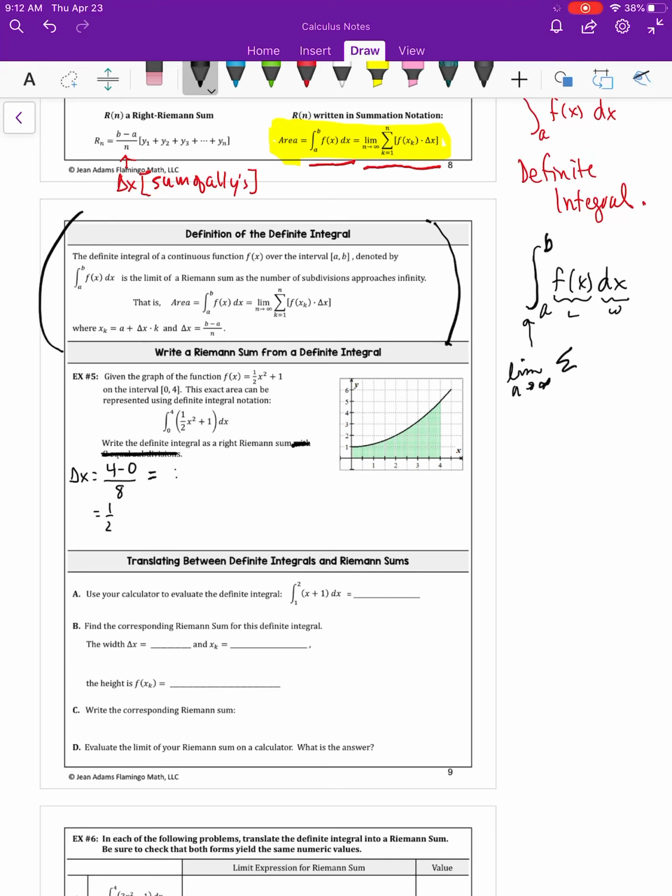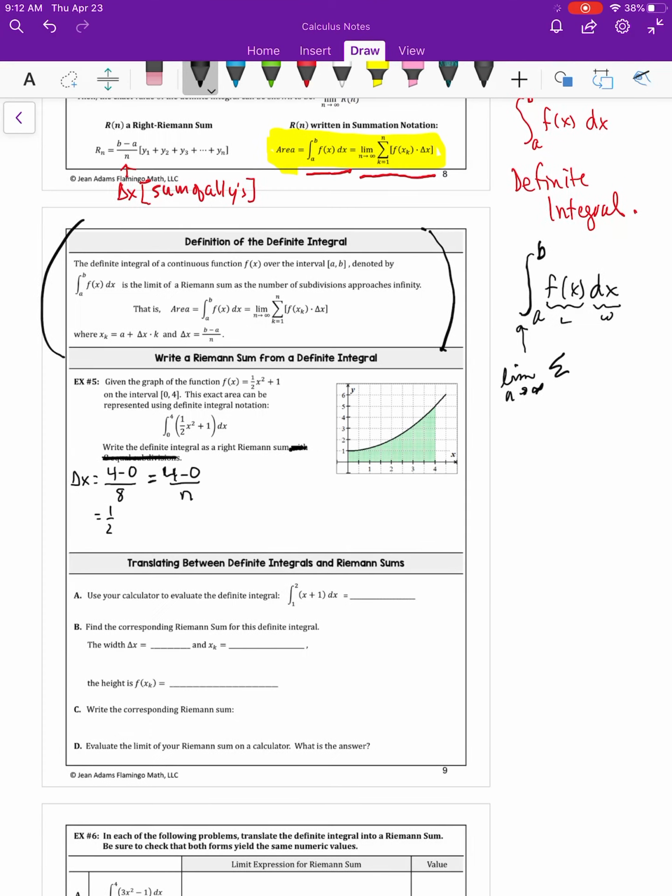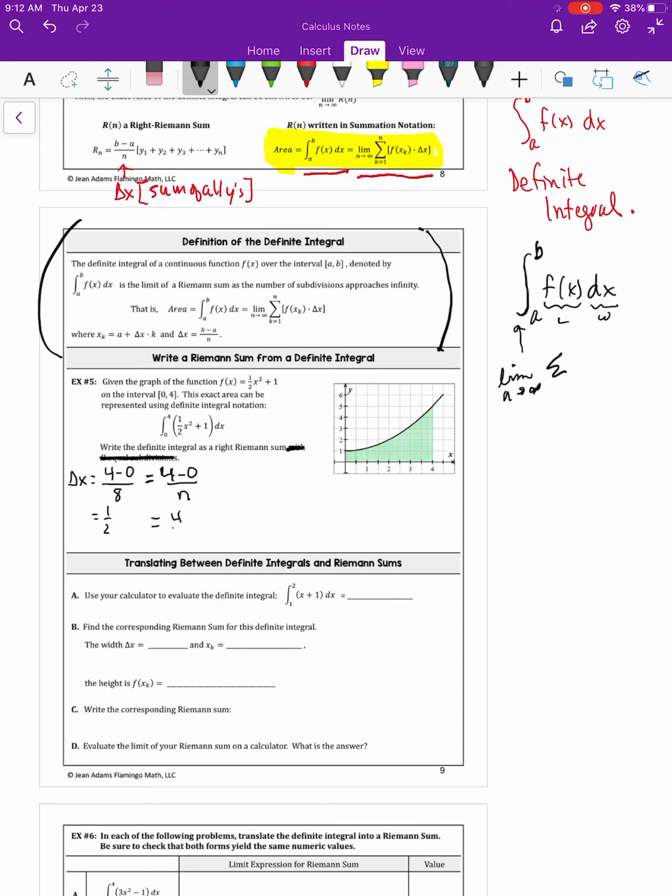I think your notes might say write the definite integral as the limit of a Riemann sum, not with 8 equal subdivisions. I can't remember. I know I've got myself a little note here in my notes, but I think that was taken off.